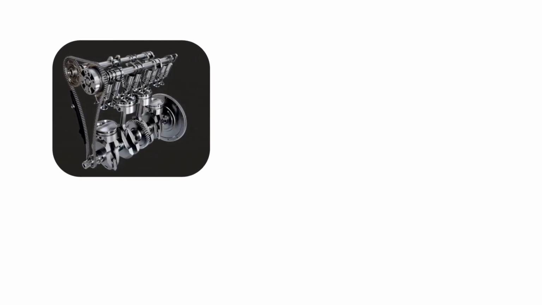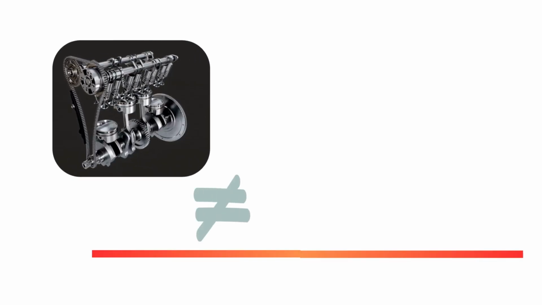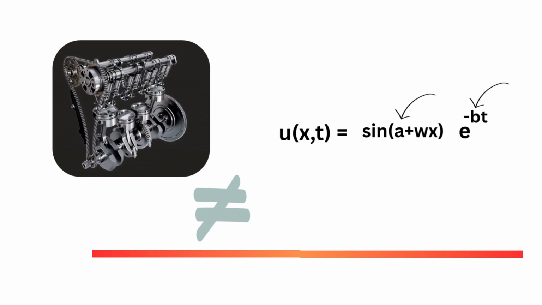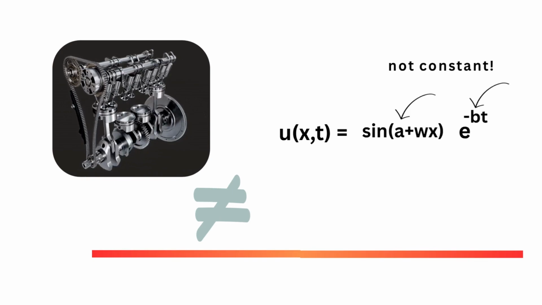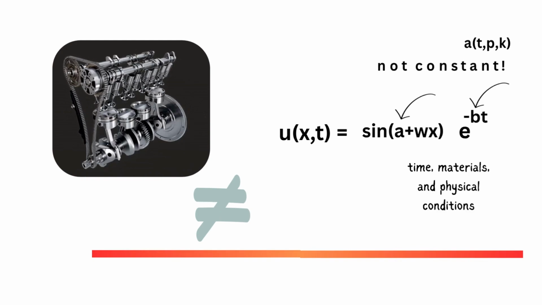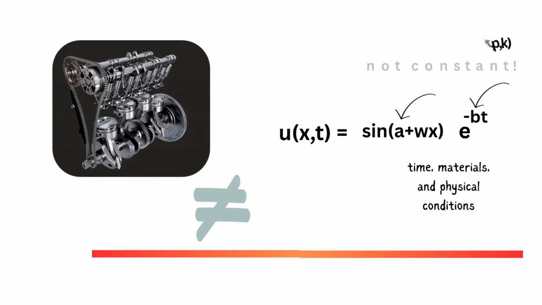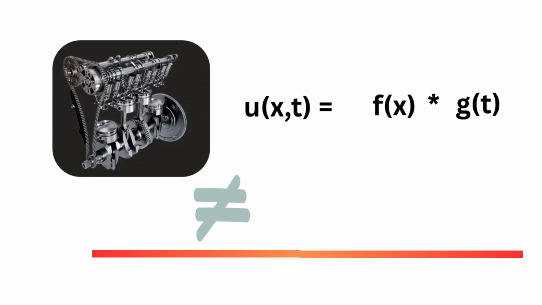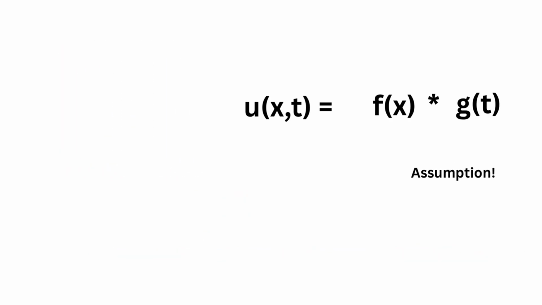Because most systems cannot be idealized as simple rods, and real geometries are complicated, and many of the constants we mentioned earlier are not even constants anymore. They vary through time, material, and physical conditions. Even the assumption we made before that the variables can be separated cleanly was based on intuition and simplification.